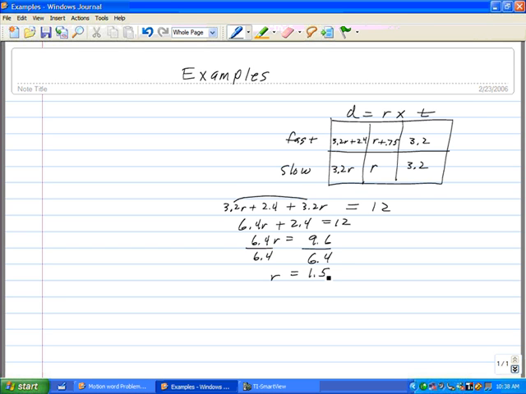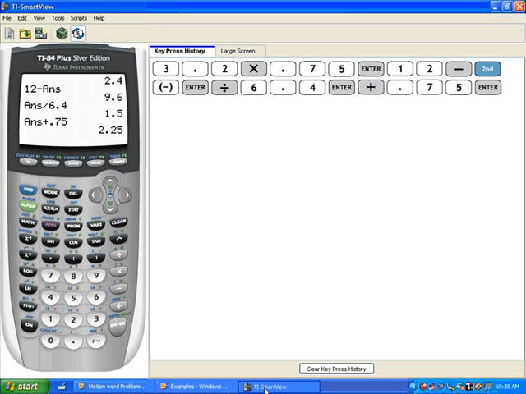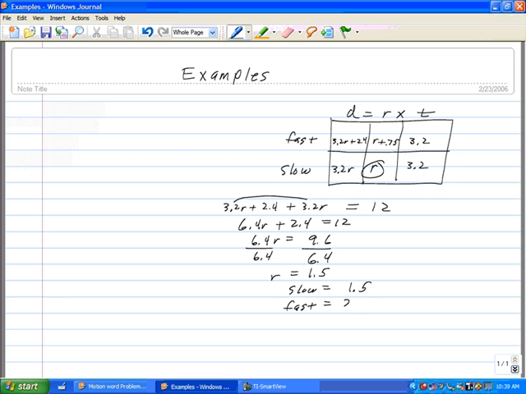So it appears that one crew, that would be the slower crew, that's what we chose for R, is doing 1.5 miles a day. So that's the slow crew. If you don't know how fast the faster crew is moving, then we need to go back and add 0.75 to that, and that's an answer of 2.25. So that's the rate for each crew.